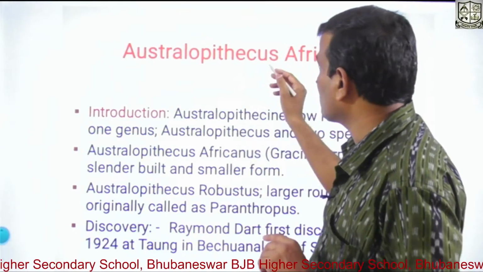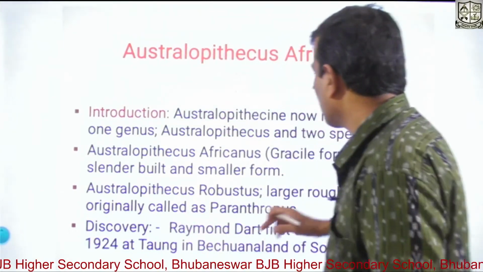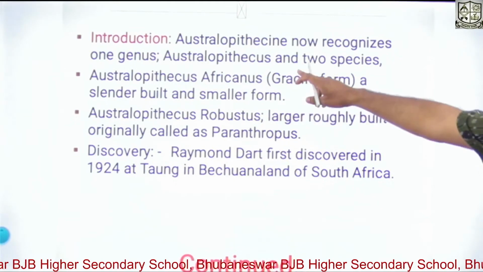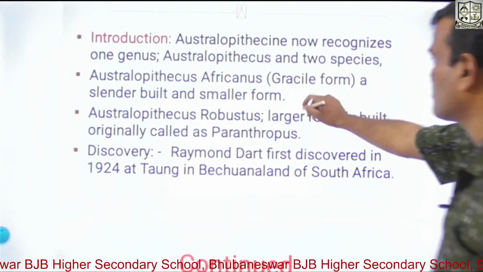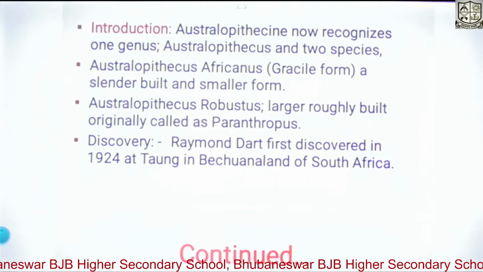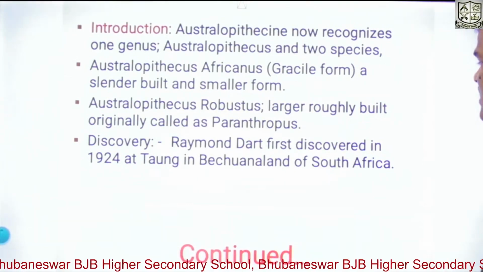The most important fossil is Australopithecus africanus. Australopithecus is now recognized as one genus with two species, one gracile form and one robust form. Australopithecus africanus was discovered in 1924-25 by Raymond Dart.